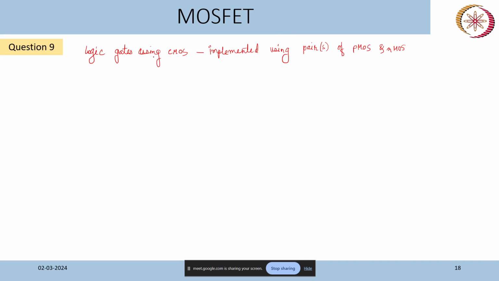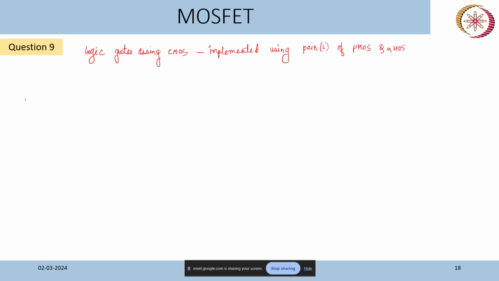But why do we use CMOS technology? Because this way the power consumption is very less compared to other types of circuits. So how does NMOS behave in this kind of circuit? We have done questions on MOSFET or BJT used as an amplifier. In case of gates, these devices are used as a switch.